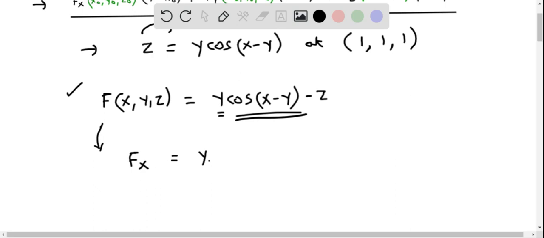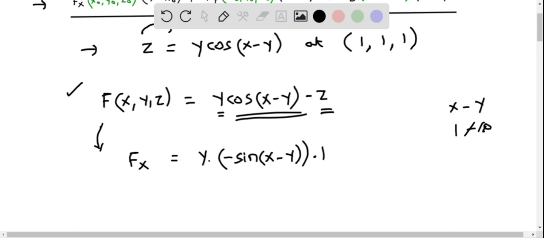The derivative of cosine is negative sine, so I write negative sine of (x minus y). Then we apply the chain rule to differentiate x minus y partially with respect to x, which is 1 minus 0, since the derivative of y is 0. So it is basically just 1.